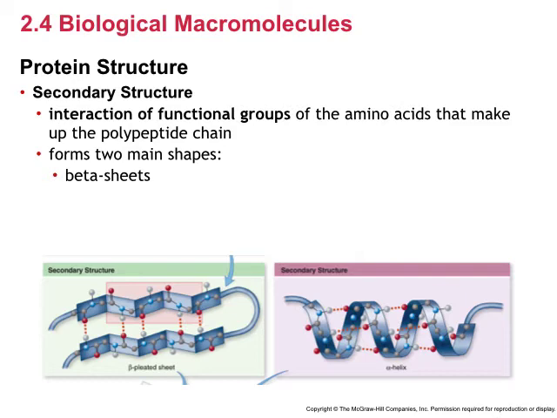Beta sheets, which you can see there on the left, which is when amino acids just interact in parallel, and alpha helixes, you can see there on the right, which is when the amino acids interact to form like a helix or a spiral.